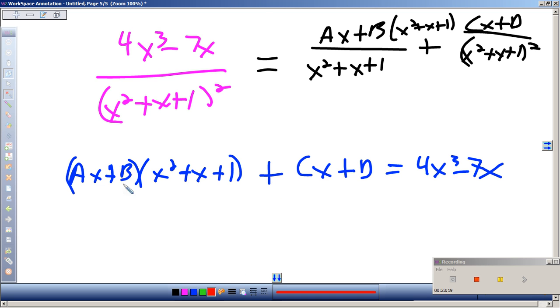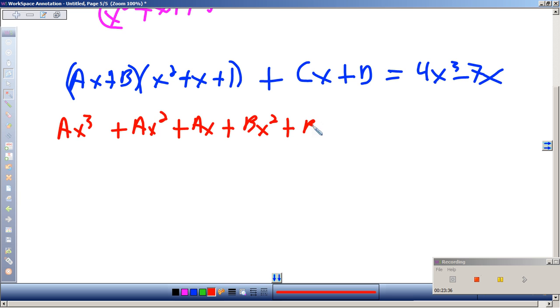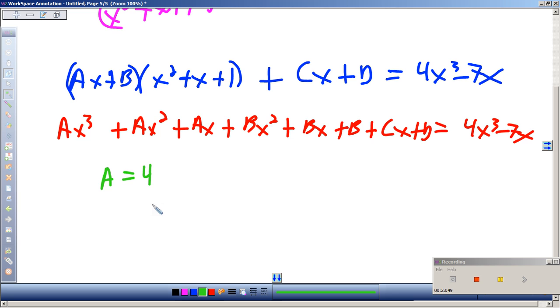So we have ax cubed plus ax squared plus ax plus bx squared plus bx plus b plus cx plus d equals 4x cubed minus 7x. Okay, so first equation, a equals 4.